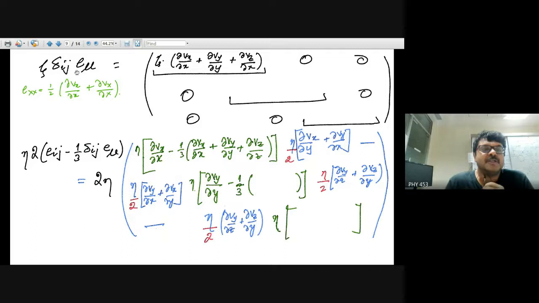And how would this look? This again would be, well, so exx would be del Vx del x into del Vx del x into half. So it would basically be del Vx del x, if you like.